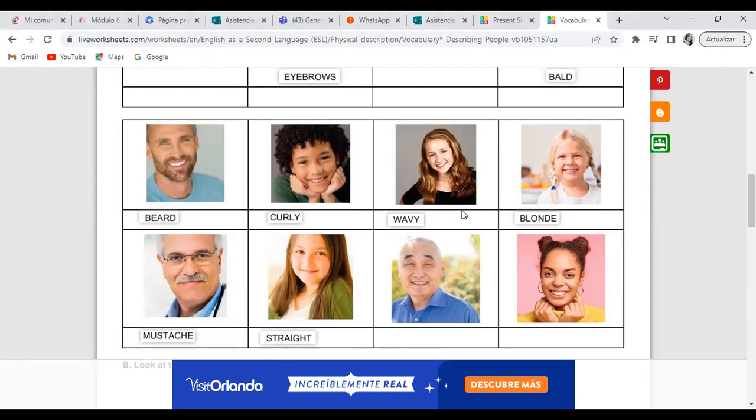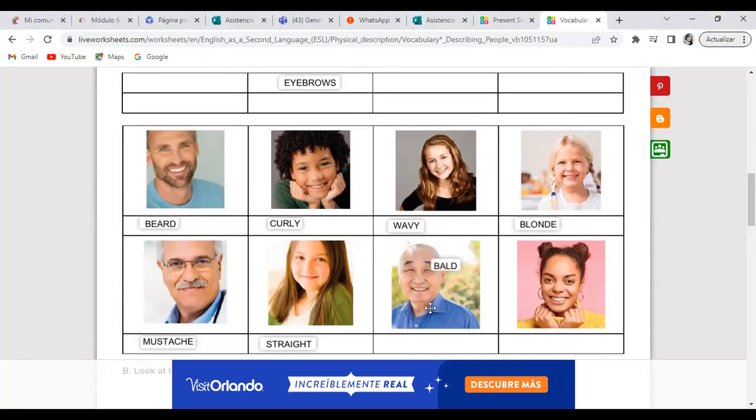And what about the man over here? The man over here is bald. Solamente decimos he's bald. ¿Por qué? Porque bald es un adjetivo.